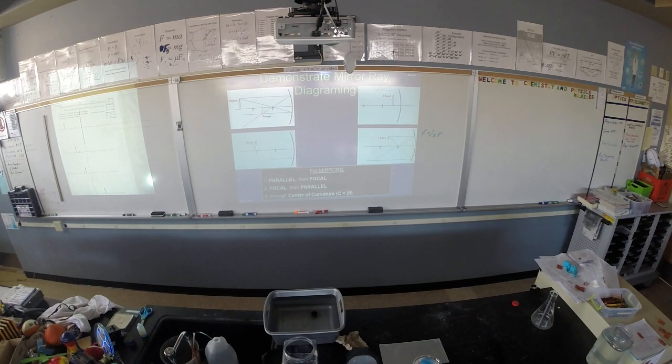Again, a lot of animations bend the ray at the device. The problem with that is when you get to lenses, it becomes a huge issue. We don't want to get in the habit of doing that. We want to bend them at the normal, a line that is perpendicular to the principal axis.